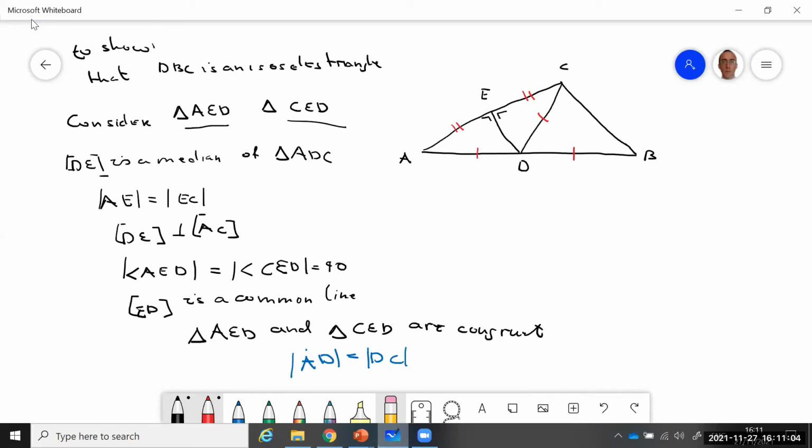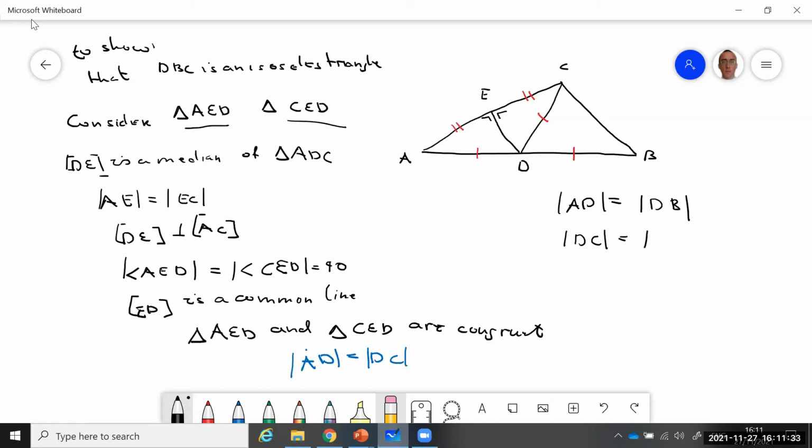But we know, we've already drawn it down earlier on, that since the line CD is a median of the overall triangle ABC, in other words, it goes from the vertex C to the midpoint of AB, then the length of AD equals the length of DB. Okay, but we've already proven that AD is equal to DC, so we can write it down there.